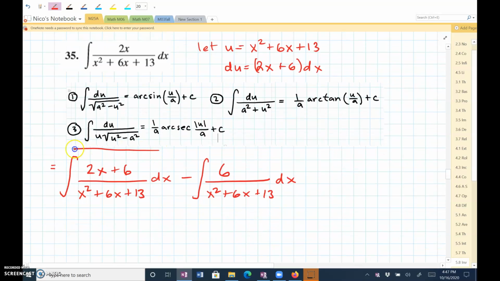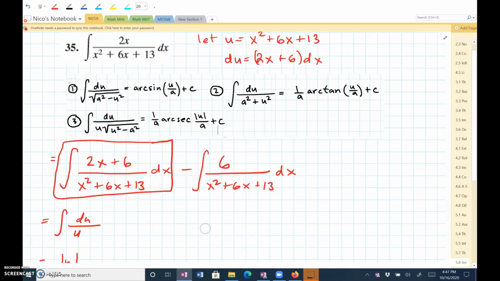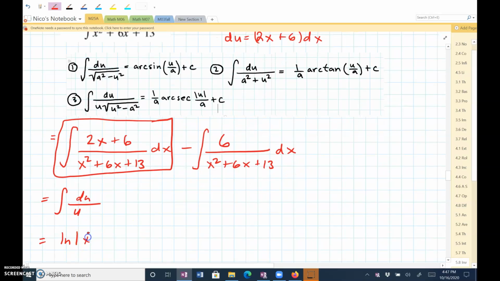This guy here, this would be du, this would be u. So this is going to be the natural log of the absolute value of u, where u is x squared plus 6x plus 13, plus c.